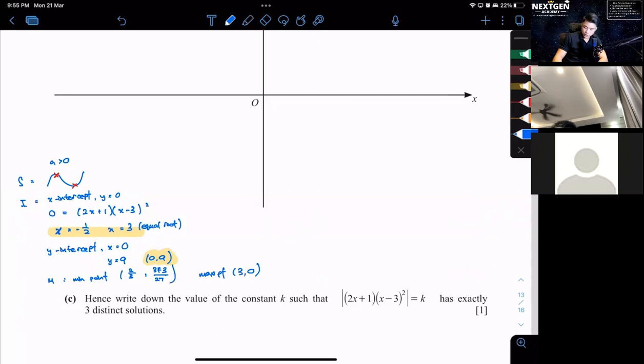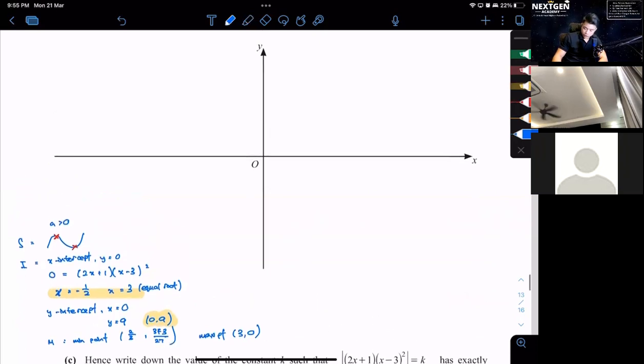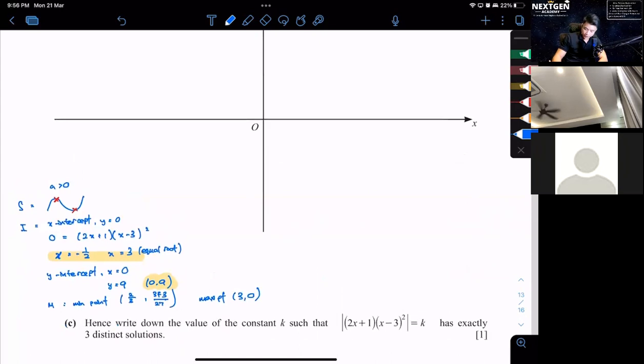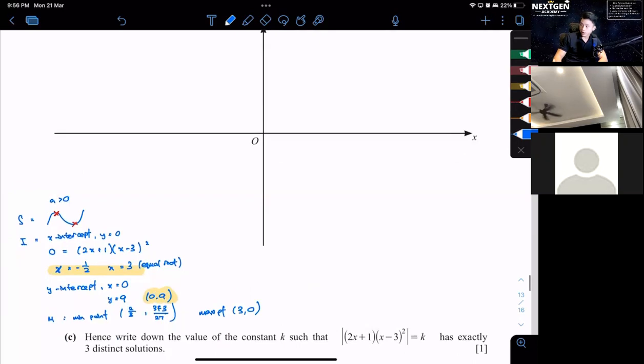Okay, now let's go and sketch it. We know that it's sad face, then happy face. Then my roots are what? -1/2 and (3, 0). So it will be sad face, then happy face, and the equal root is at 3, right?